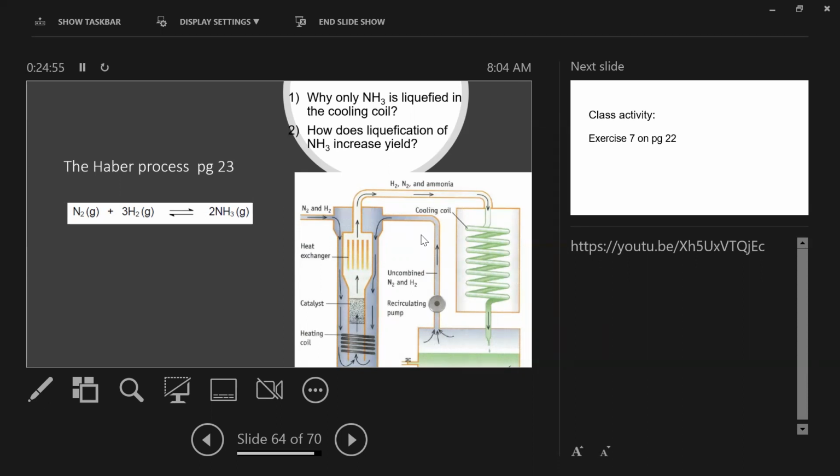Lower. Why lower? If the boiling point is higher, it's easier to evaporate. Is that correct? Yeah.